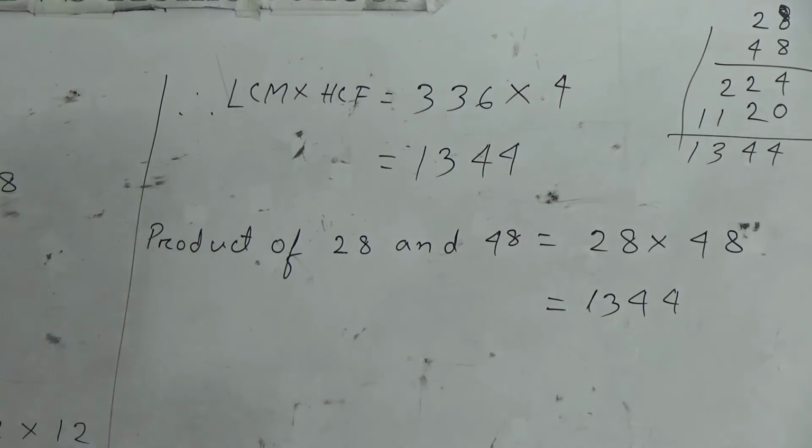So we can say that the product of LCM and HCF of the first and second numbers of the stem is equal to the product of the first two numbers.